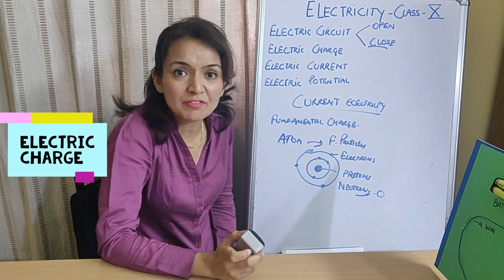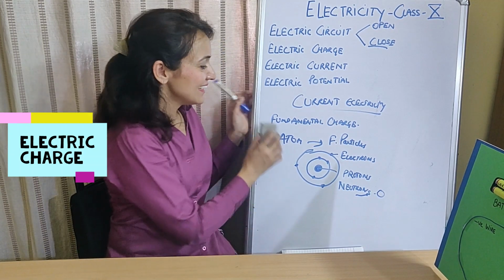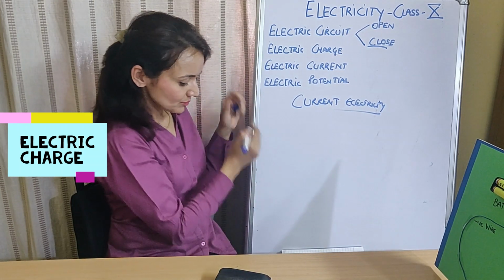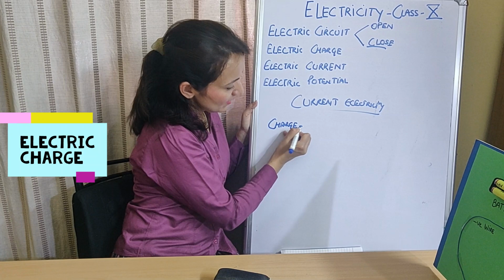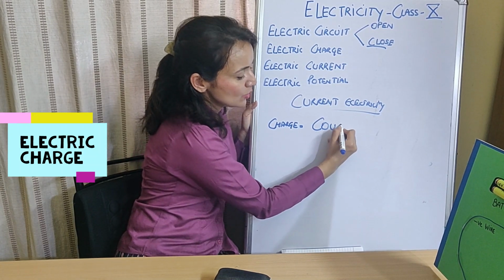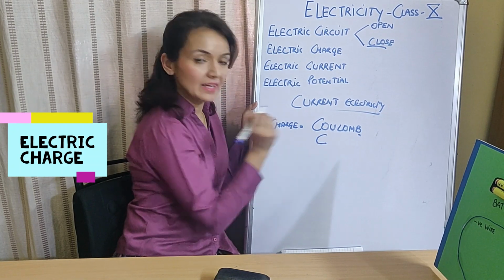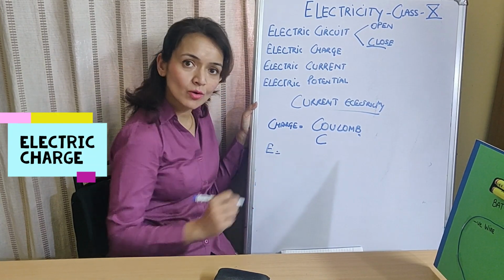Now, can you tell me if charge has got any SI unit? Yes, the SI unit of charge is coulomb. Charge has got unit as C-O-U-L-O-M-B, coulomb. It is denoted by C. So, what is the charge on an electron?